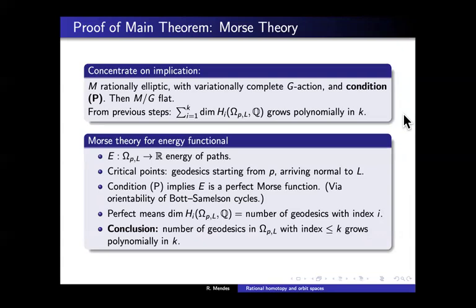And we have just found out that there's a perfect Morse function on it. So those Betti numbers are just the number of geodesics with that index. So what we get out of this is that the number of geodesics with index at most k grows polynomially in k in that space, omega PL. Okay, so now we have a more geometric conclusion, right?